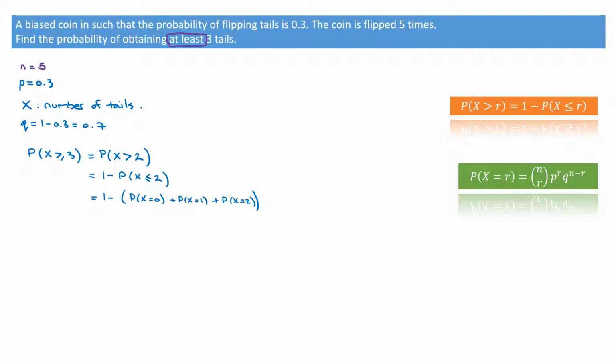So we can go right ahead and say that's equal to 1 minus the binomial coefficient 5 choose 0 times p to the power of 0 times q to the power of 5, plus 5 choose 1 times p to the power of 1 times q to the power of 4, plus 5 choose 2 times p to the power of 2 times q to the power of 3. And we close those parentheses.